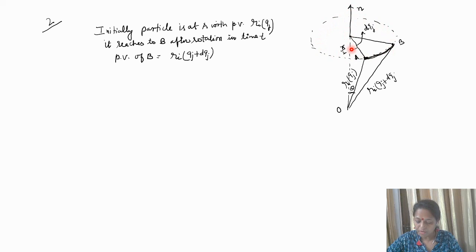So this will be 90 degrees. One more thing to be noticed is that in the limiting position when B is tending to A, this BA will be converted into a sort of tangent, and that will also be perpendicular to this radius. This is perpendicular, that is also perpendicular, so both will have the same direction. Both will be represented by the same unit vector n.